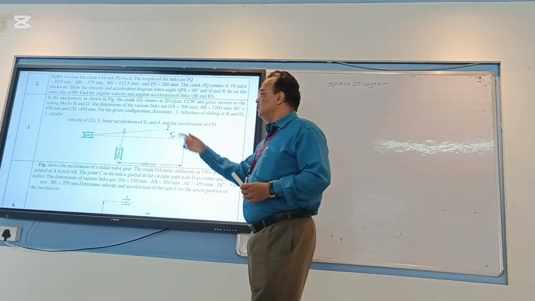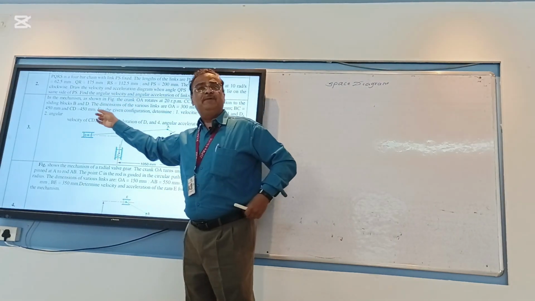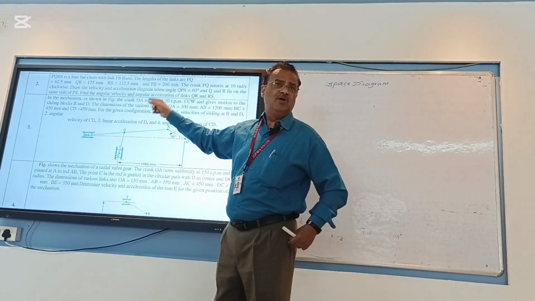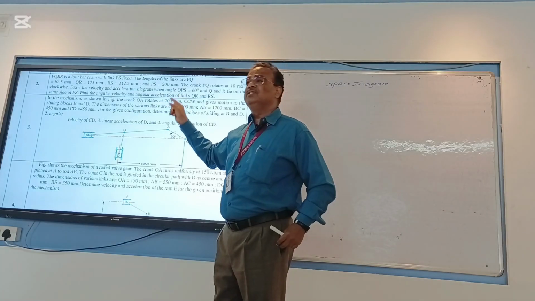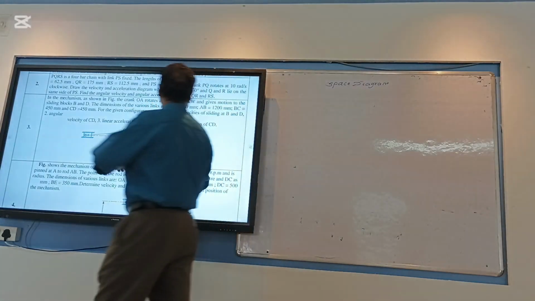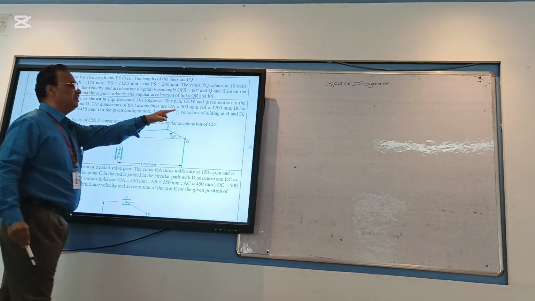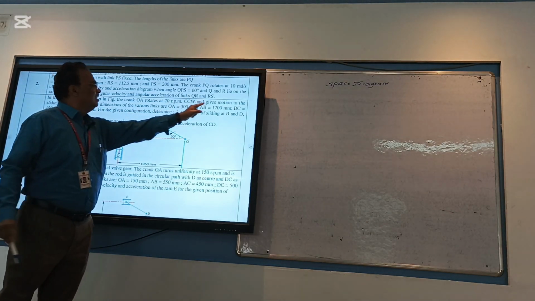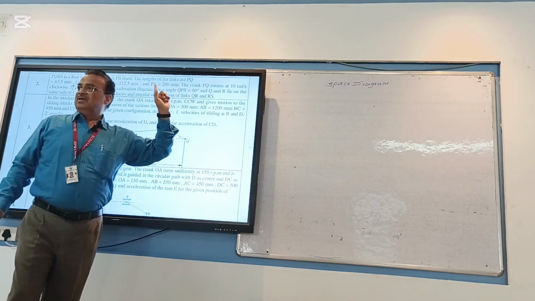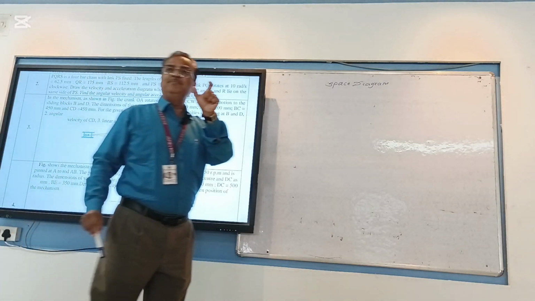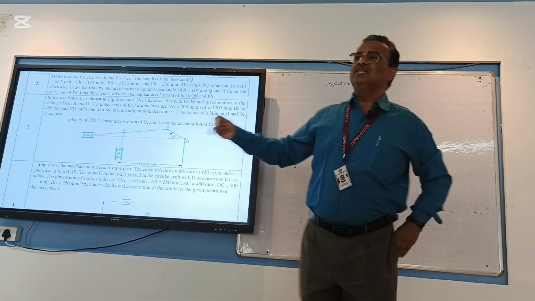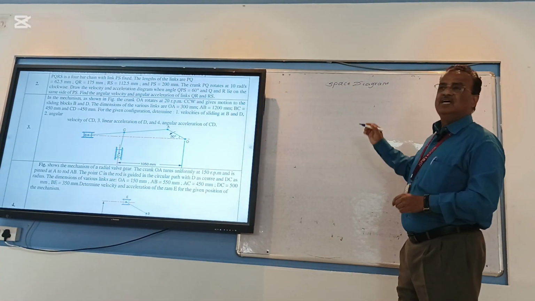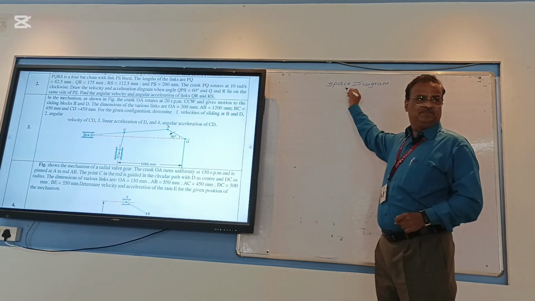Now after seeing this numerical, you have to observe the dimension. What is the minimum dimension of the link and what is the maximum dimension? If you go through this dimension, A is 300, that looks minimum and maximum is 1200. By knowing the minimum and maximum dimension of your linkages, you have to select a suitable scale.